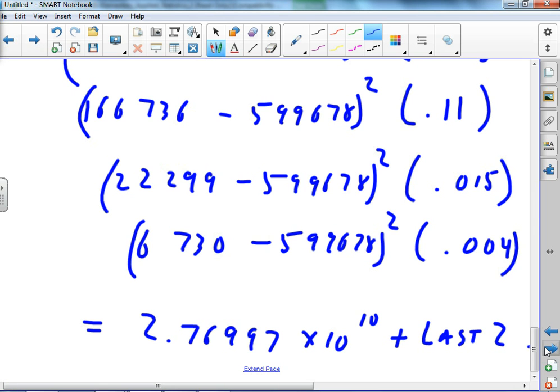22299 minus 599,678 close parentheses squared times 0.015 plus parentheses 6730 minus 599,678 close parenthesis squared times 0.004.